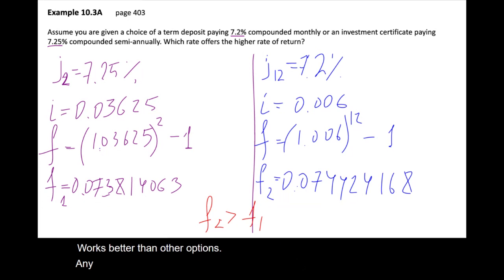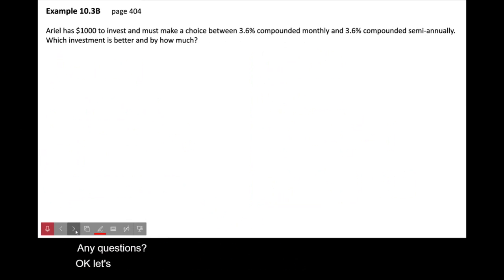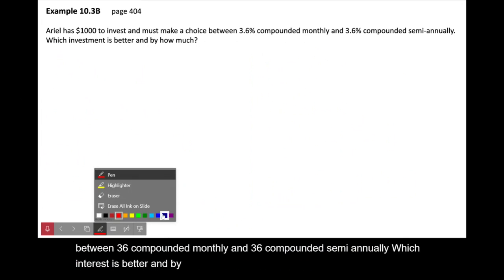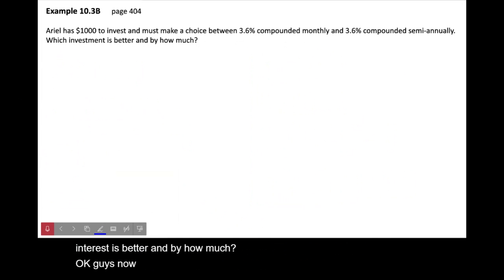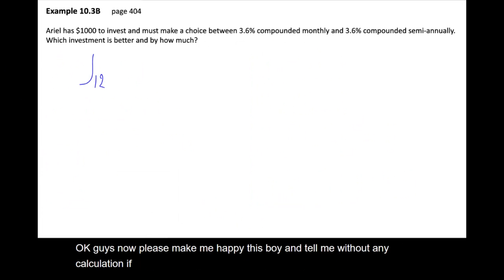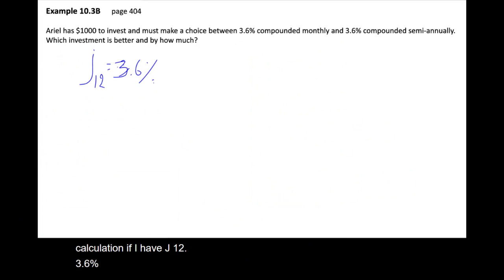Any questions? Okay, let's move forward. Ariel has $1,000 to invest and must make a choice between 3.6% compounded monthly and 3.6% compounded semi-annually. Which interest is better and by how much? Okay, guys, now please make me happy this morning and tell me, without any calculation, if I have J12 at 3.6% and I have J2 at 3.6%, which interest is better?